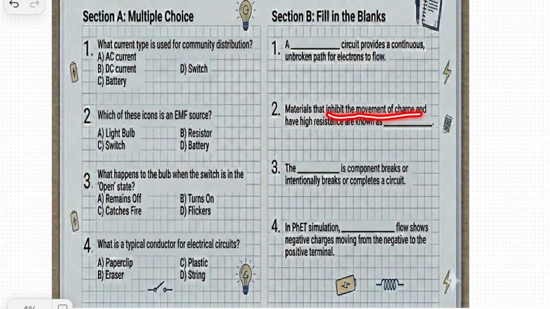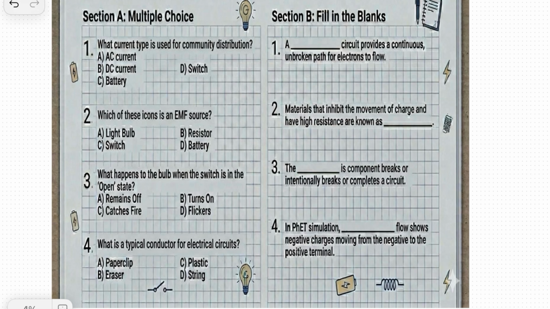Inhibit the movement of charge, so it will be insulators. The dash component breaks or completes a circuit, so it will be switch.